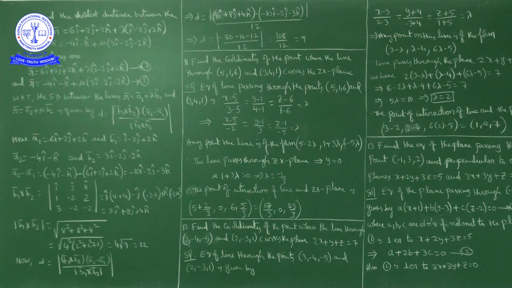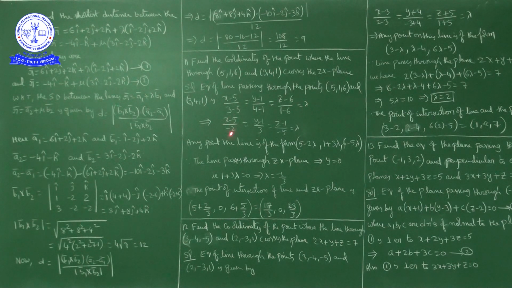So equation of line passing through these 2 points is x minus 5 by 3 minus 5 is equal to y minus 1 by 4 minus 1 is equal to z minus 6 by 1 minus 6 is equal to lambda.